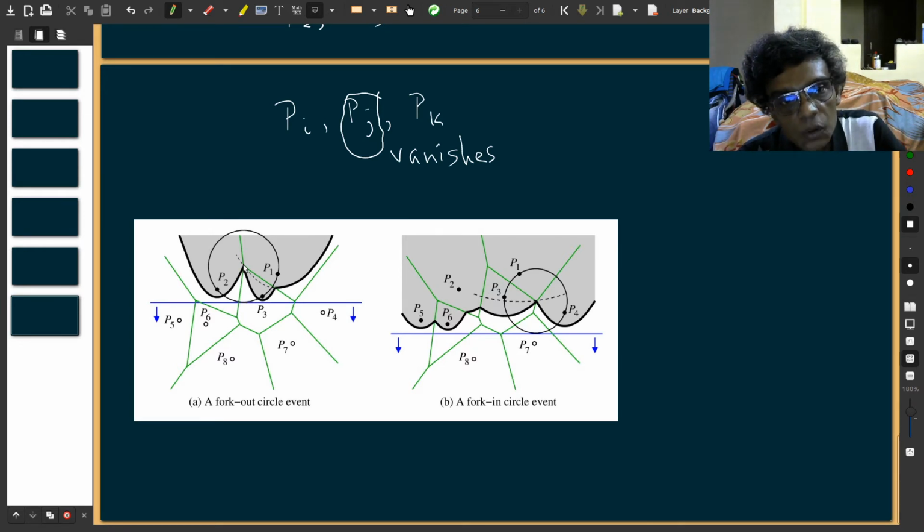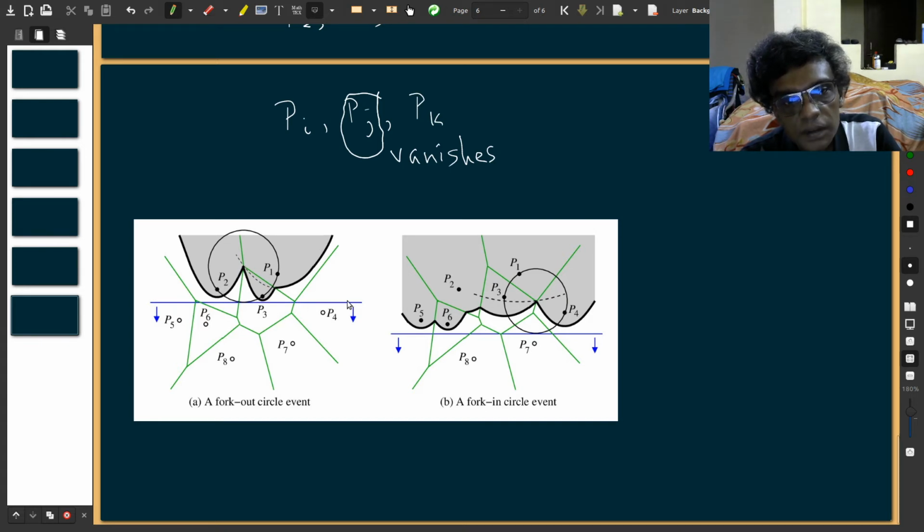Now, this is a case where this is a point equidistant from three sites. Okay, P2, P1, P3. And therefore, this indicates a corner or a vertex in the Voronoi diagram. And how do I know where this is? The idea is clear. Since these are equidistant from this point, if I draw a circle with this as the center, this circle will pass through P1, P3 and P2.